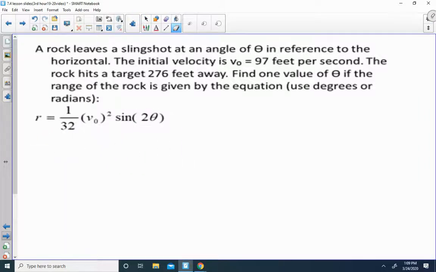Now that was a bit of information given at you. Before I start solving the equation, I'm going to give you a visual of what exactly is happening here. So we know that we have a slingshot. So I'm just going to do a quick sketch of what a slingshot could look like. And apparently we are also going to be trying to hit a target.